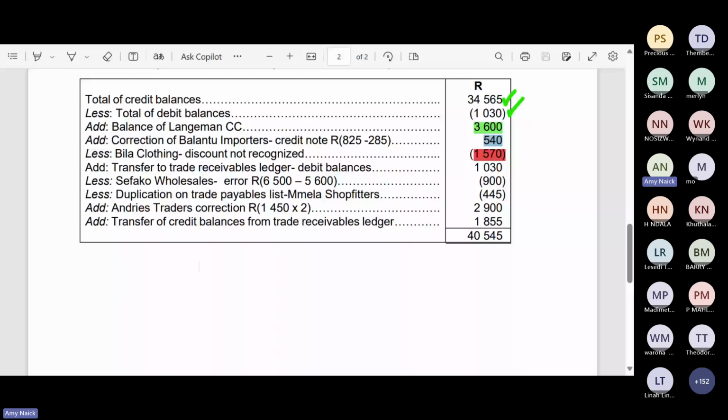So the discount was not recognized on the listing. You're basically going to reduce that trade payables listing with the 1,570 to account for the fact that the discount was not recognized. So there's the 1,570 here in red.